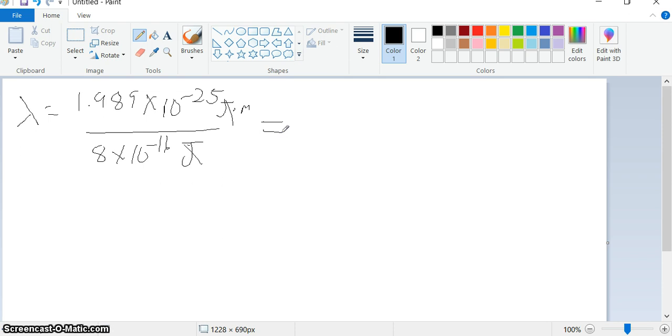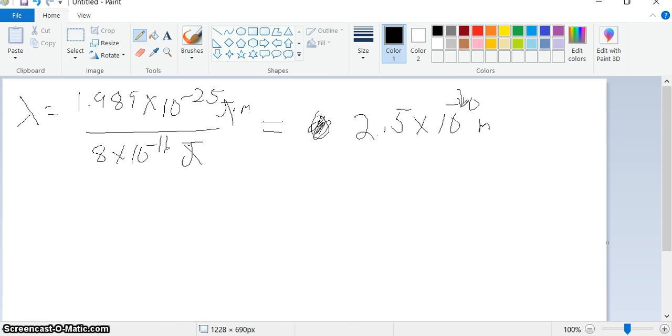And so our answer comes out to be 2.5 times 10 to the minus 10th meters.